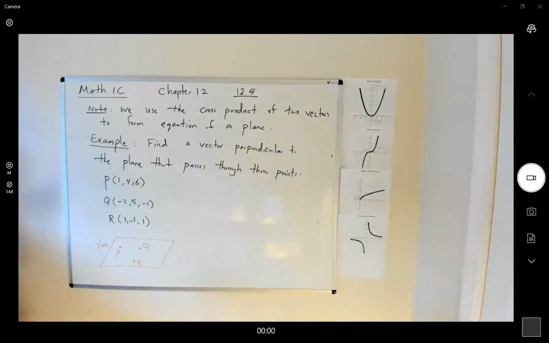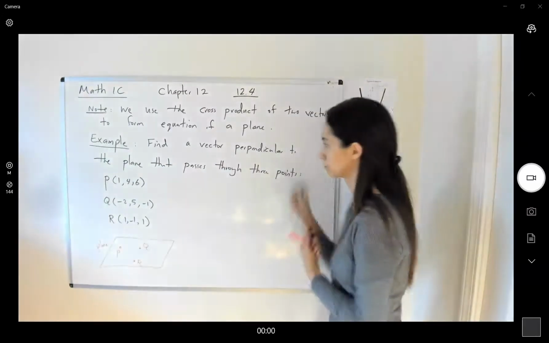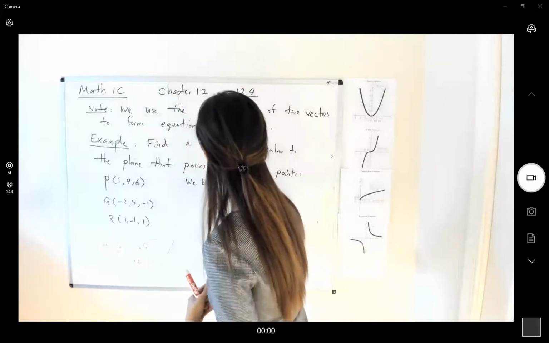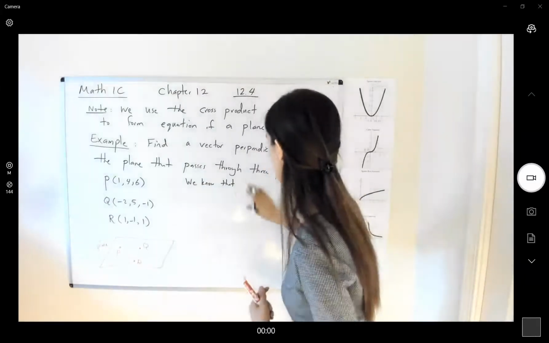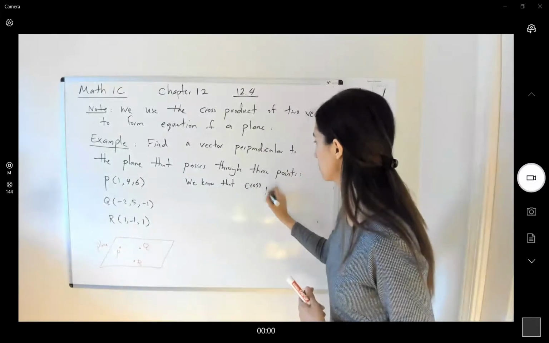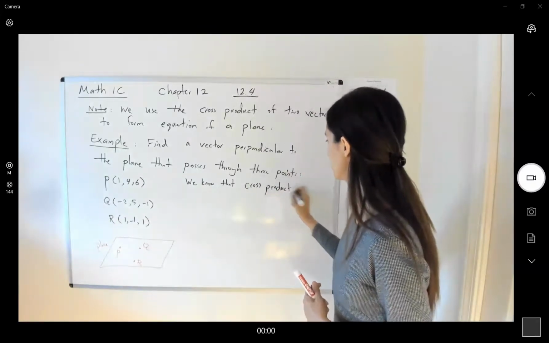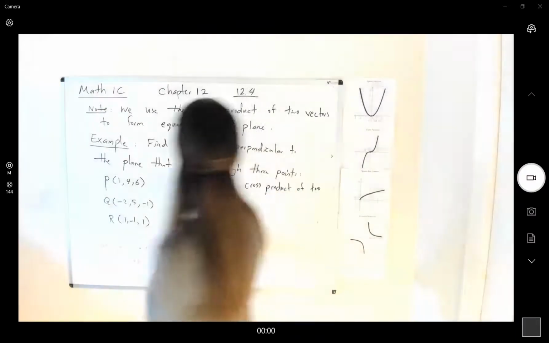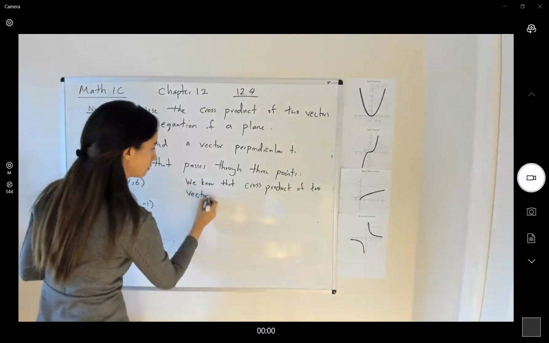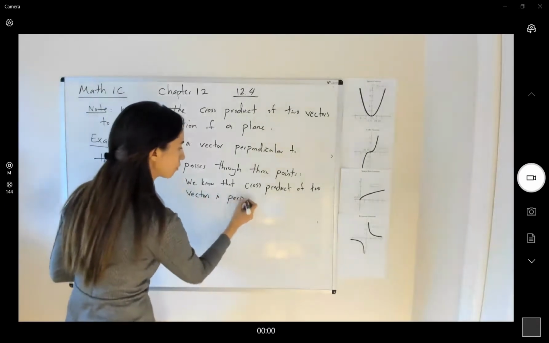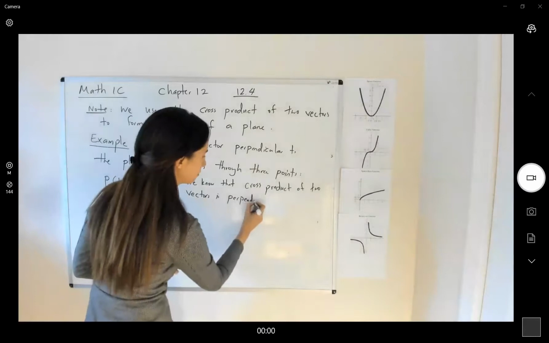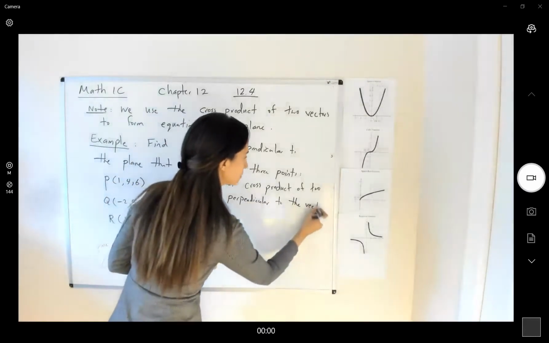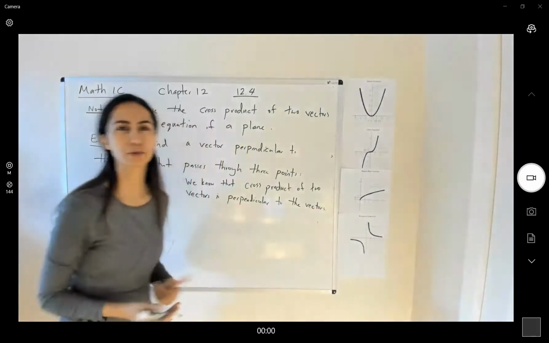Right. So we know that the cross product of two vectors is perpendicular or orthogonal to the vectors, and also the plane including those vectors.